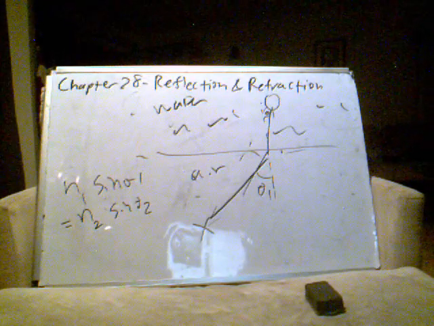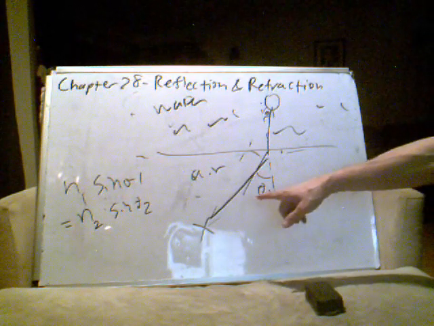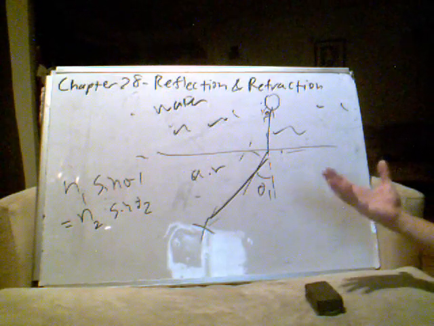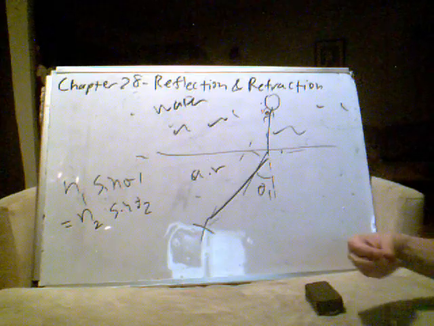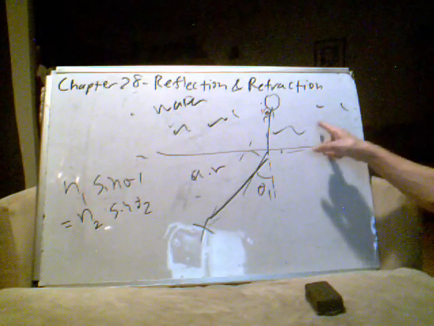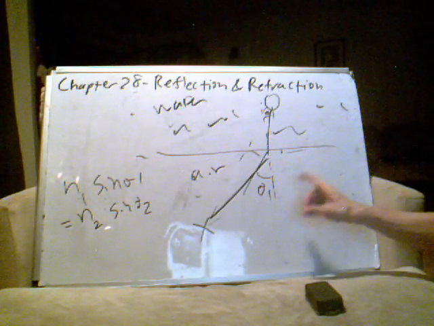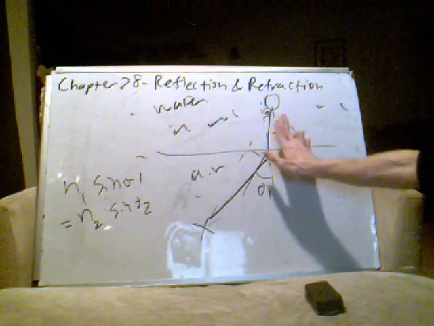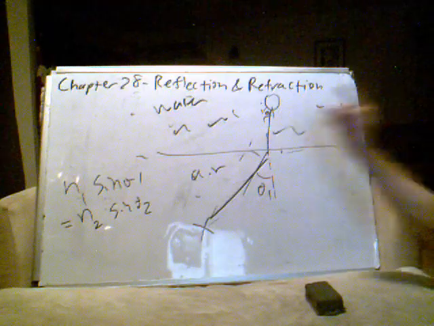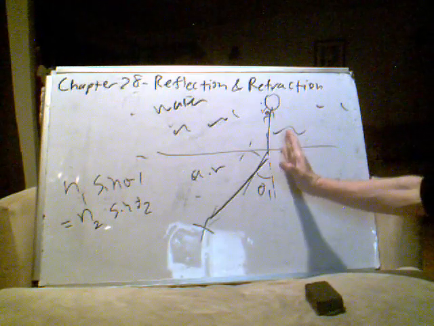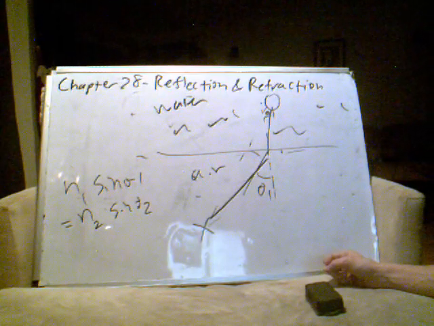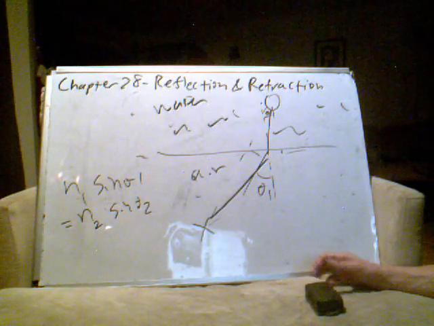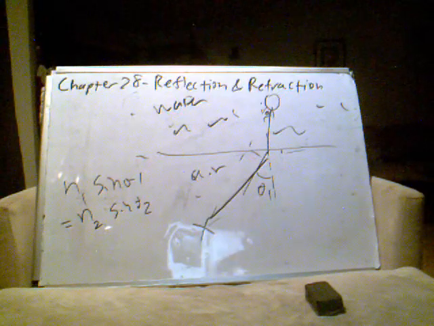Now what that really means is, if you have a medium with a very low index of refraction, like air, which doesn't have a lot of particles in it to slow the light down, whereas water has a lot, right? So the angle of incidence here is going to be greater than the angle of refraction inside the water. That's what Snell's law means.